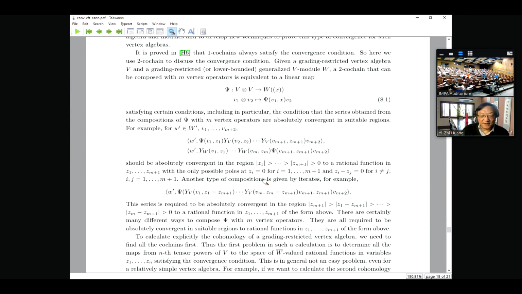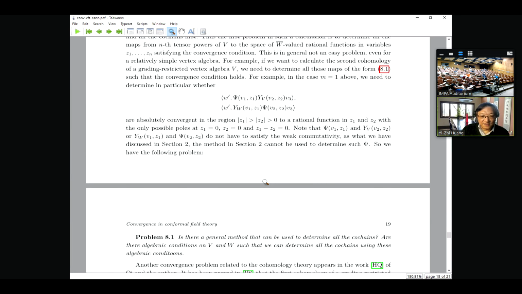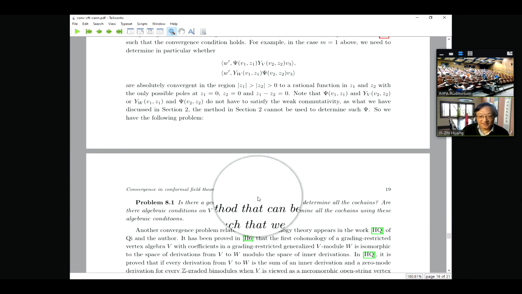So one of the problems is this. We want to know whether there is a general method that can be used to determine all these cochains. I also believe that there should be conditions. So we want to find some algebraic condition on V and W such that we can determine all the cochains using these conditions.